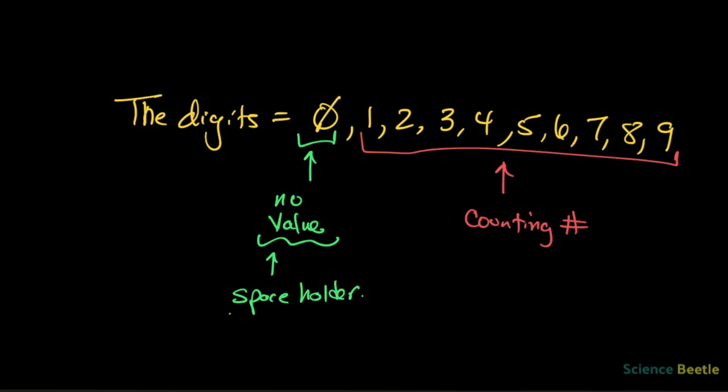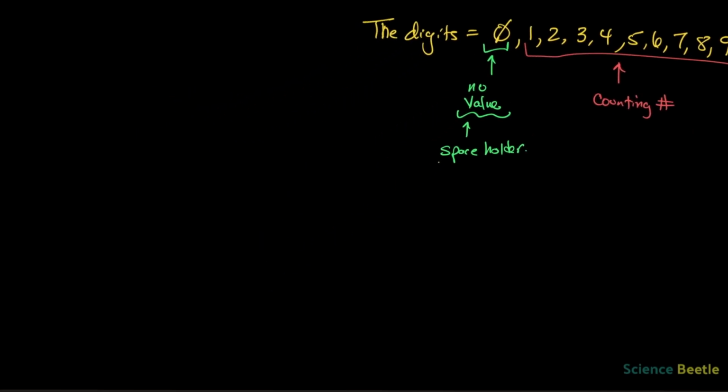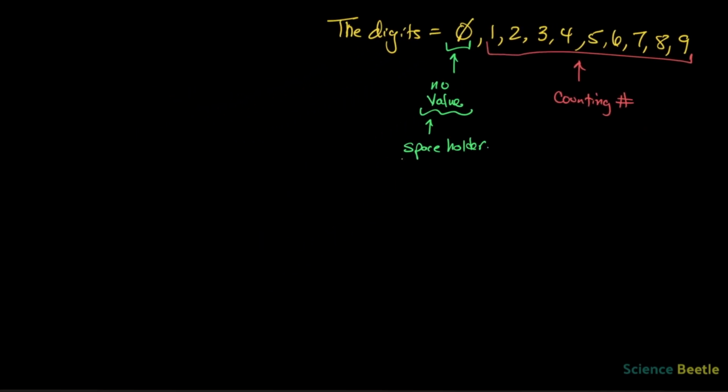So what does this mean for us? Let's move some of these items over to the side and take a very basic example. Let's say that I have the number 1. What does the number 1 really mean for us?